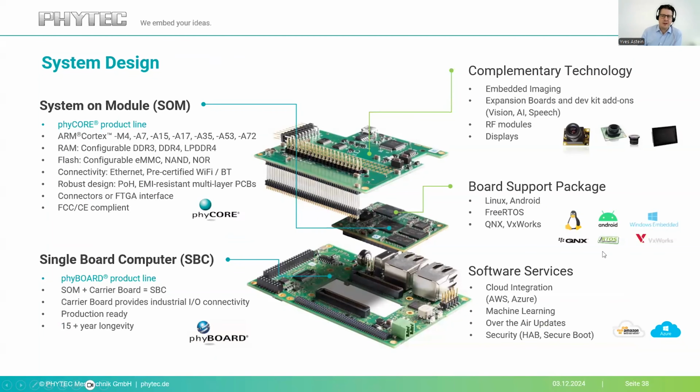And to go with that, we provide also the Linux operating system or another RTOS or Android, for example, in addition with the middleware components that then support cloud services, machine learning, over-the-air updates, and security features, and also supporting the vision requirements in terms of middleware.